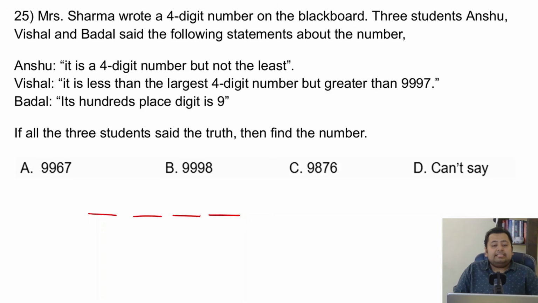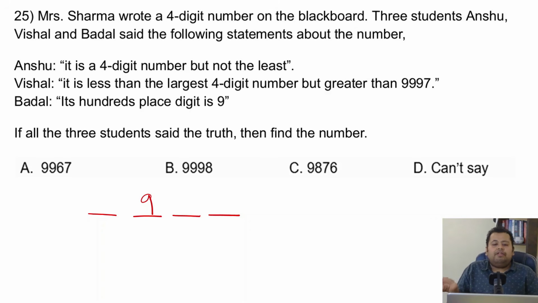Vishal says it is less than the largest four-digit number, but greater than 9997. Badal says its hundredth place digit is 9. So this is the four-digit number.